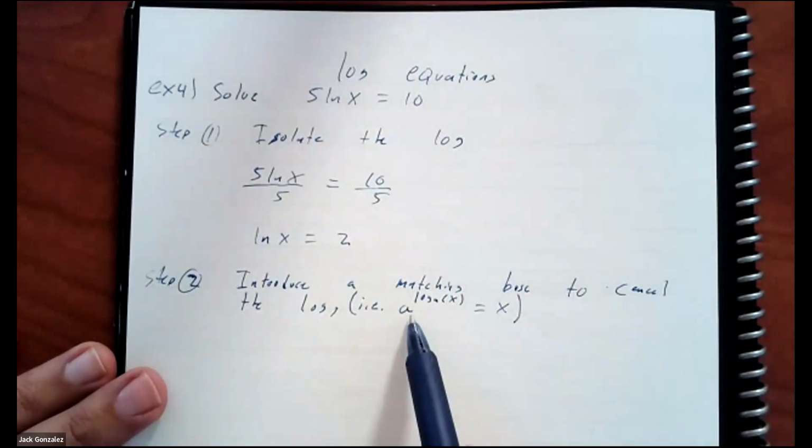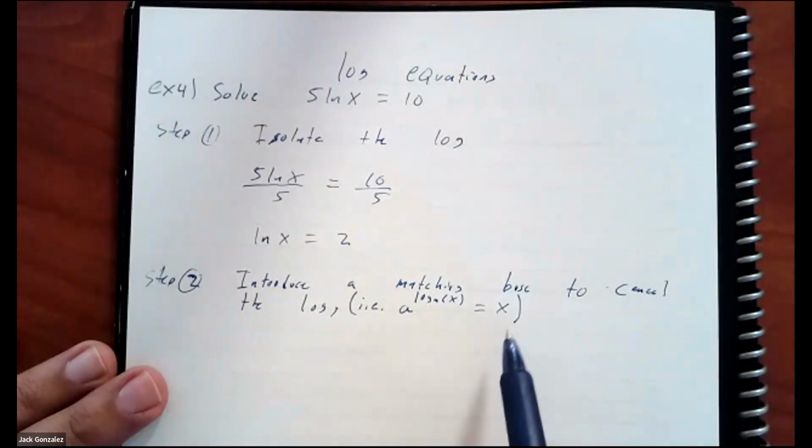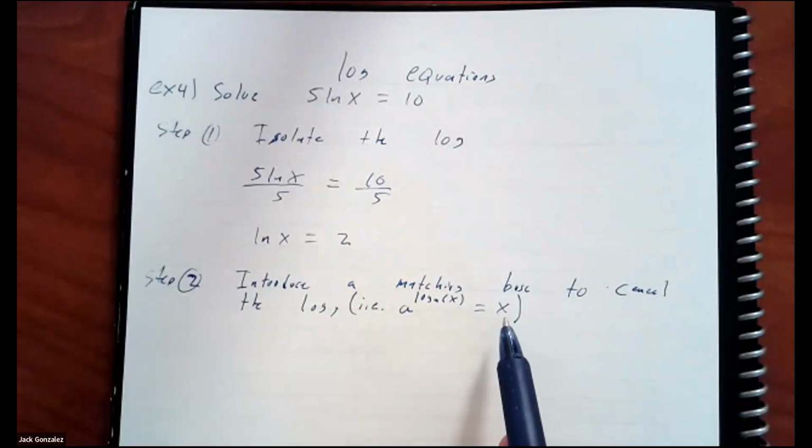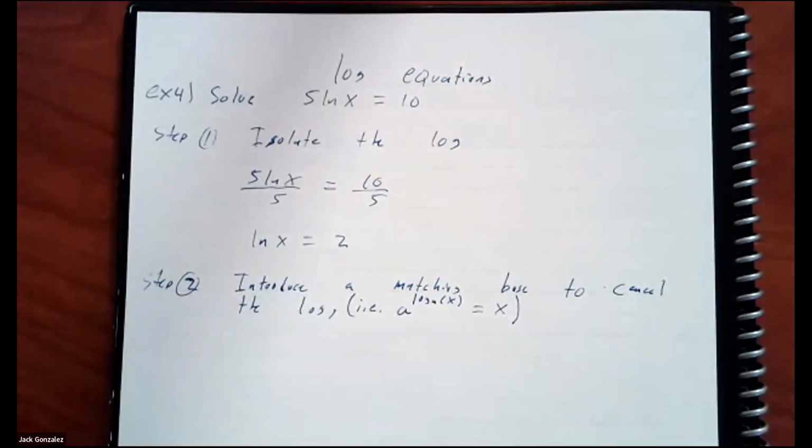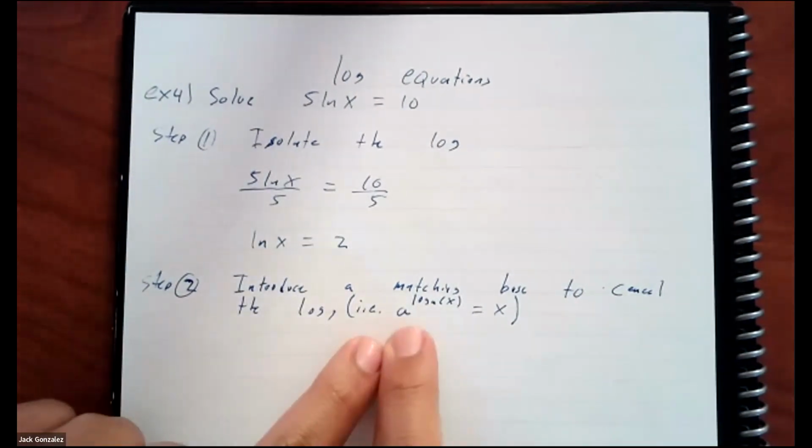When you have a base that matches the base of the log, they completely undo each other, leaving you with x because they are inverses of each other. Right now I have a base e. ln is a special base, so you need to bring e as your base. I need to make them look like this.